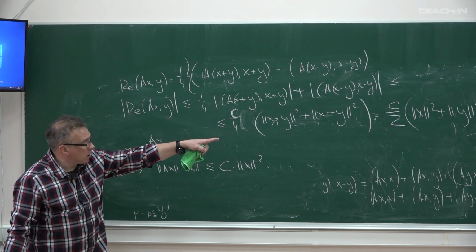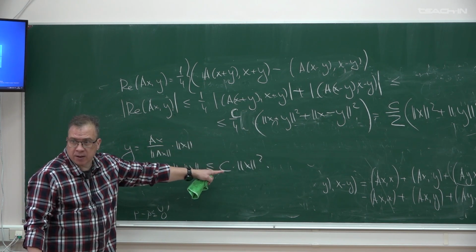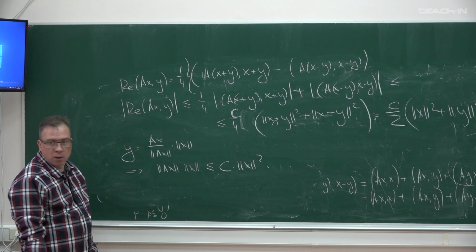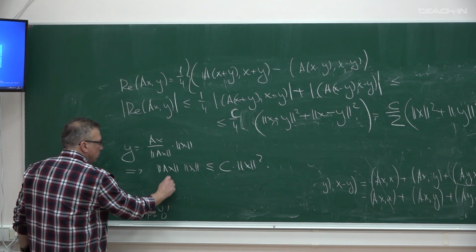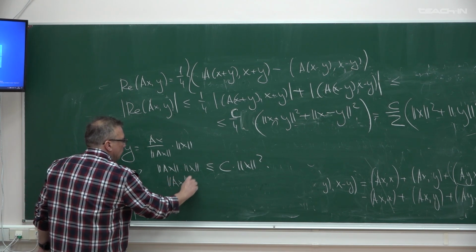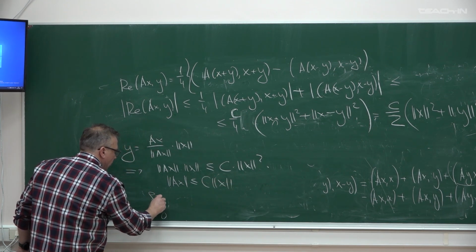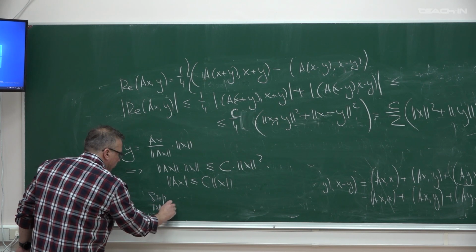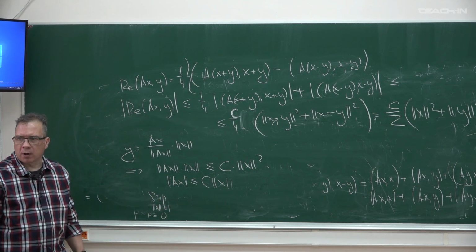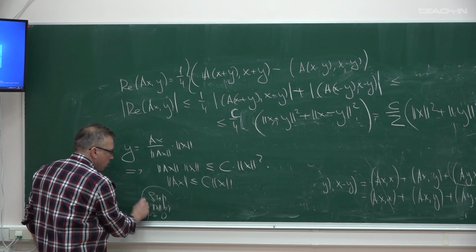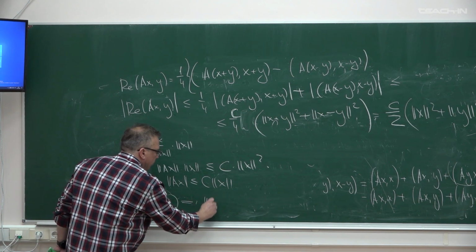And put y here, and the norm of y is equal to the norm of x, so we're again twice. And taking the supremum over all x with unit norm, we obtain it.